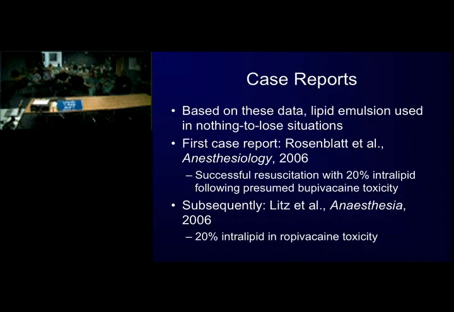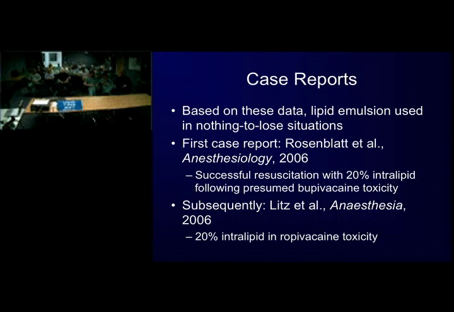So based on all that data that was published in the basic science literature, lipid emulsion has been used in sort of nothing-to-lose situations. The very first case report was published in 2006 in Anesthesiology, and it was for a patient who had a successful resuscitation with Intralipid following what was presumed to be bupivacaine-induced toxicity from a regional anesthesia procedure.